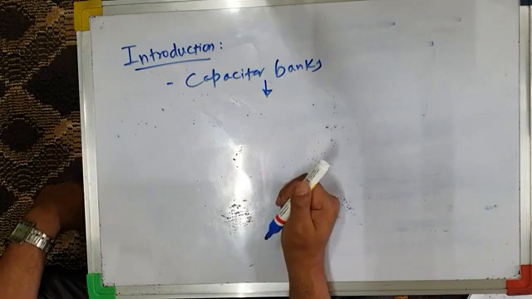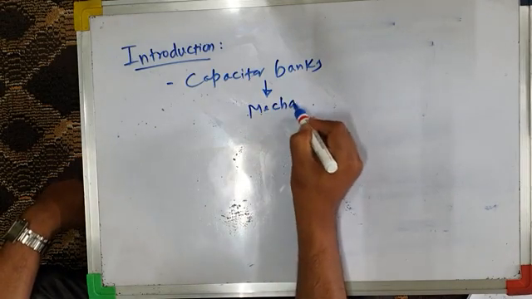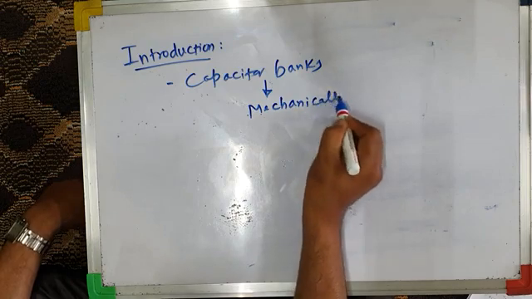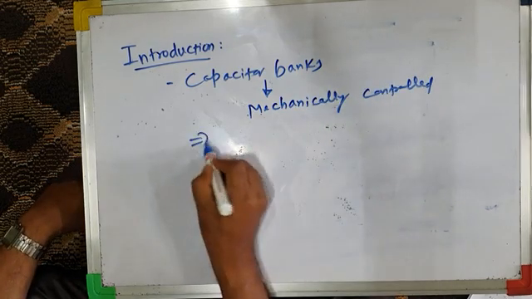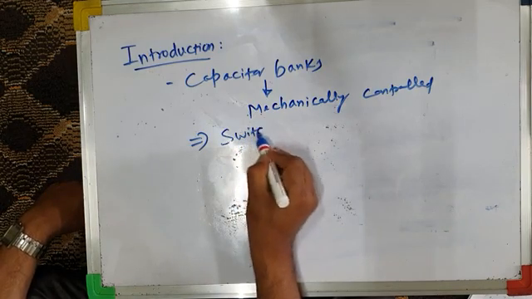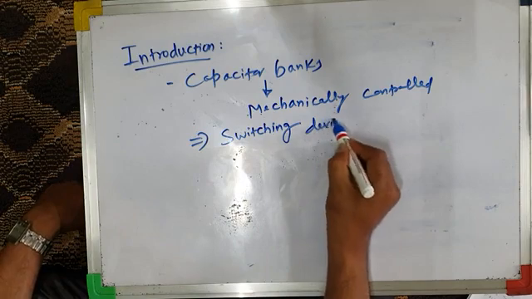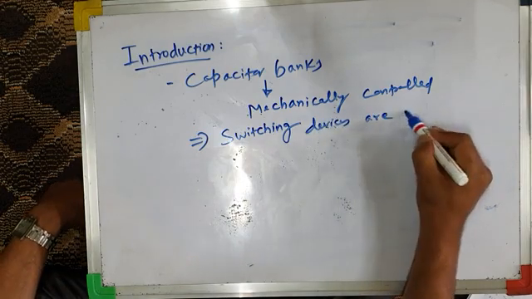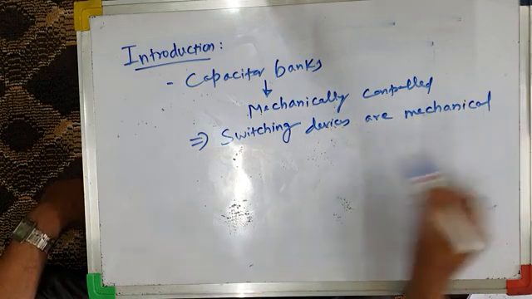But the problem is that these compensation circuits, or capacitor banks or inductor banks, are mechanically controlled. When I say mechanically controlled, that means the switching devices through which a capacitor bank is switched in or switched out are mechanical in nature. We do not have static electronic switching devices.